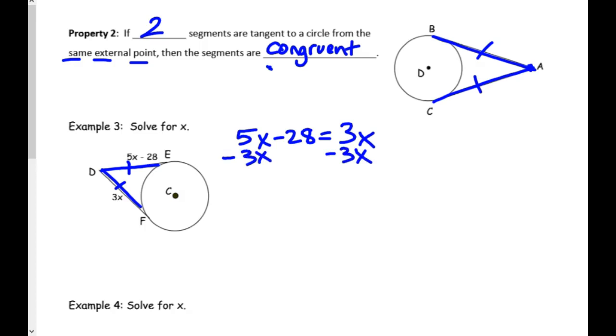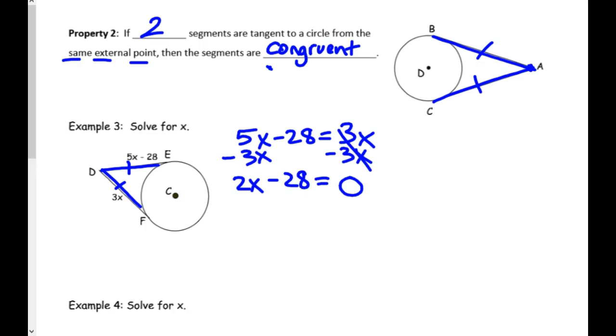A lot of people, when they get rid of the only thing on one side, they freak out. Don't freak out. If I eliminate everything on the right side of the equal sign, what should I put there? Not x. X is gone. 3 is gone. There's literally nothing there, and what's the number for literally nothing there? 0. All right. 5x minus 3x, straight up 2x, bring down minus 28.